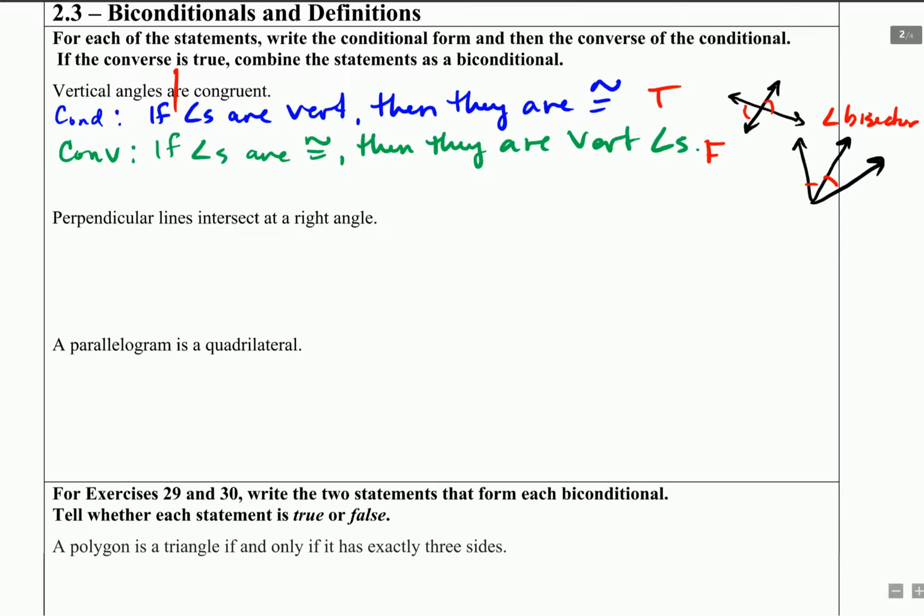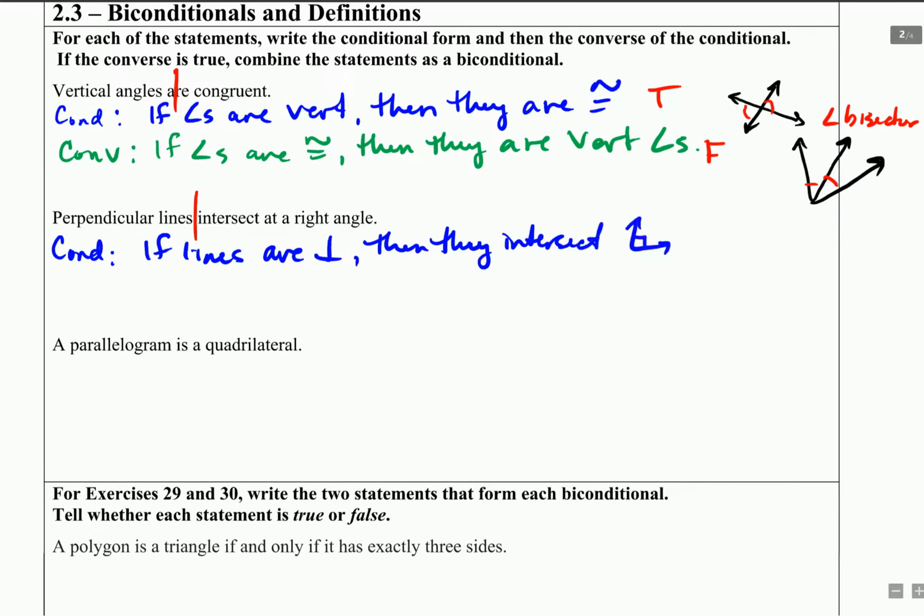All right, perpendicular lines intersect at a right angle. So perpendicular lines and intersecting at a right angle. Let's write our conditional. If lines are perpendicular, then they intersect at a right angle. Is that true? Yes, it is. Perpendicular lines form a right angle.